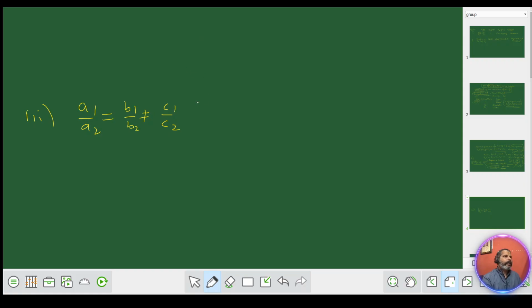In this case, what are the 3 points to remember? Here, what is the type of solution? It is inconsistent. Remember this, inconsistent. They do not have consistent solutions. Then, how many solutions? No solution, or zero solutions, you can say.